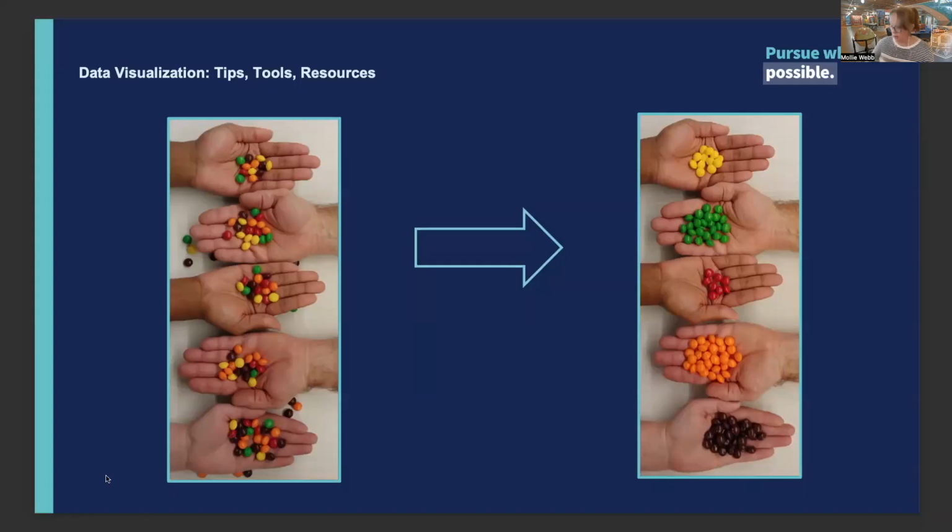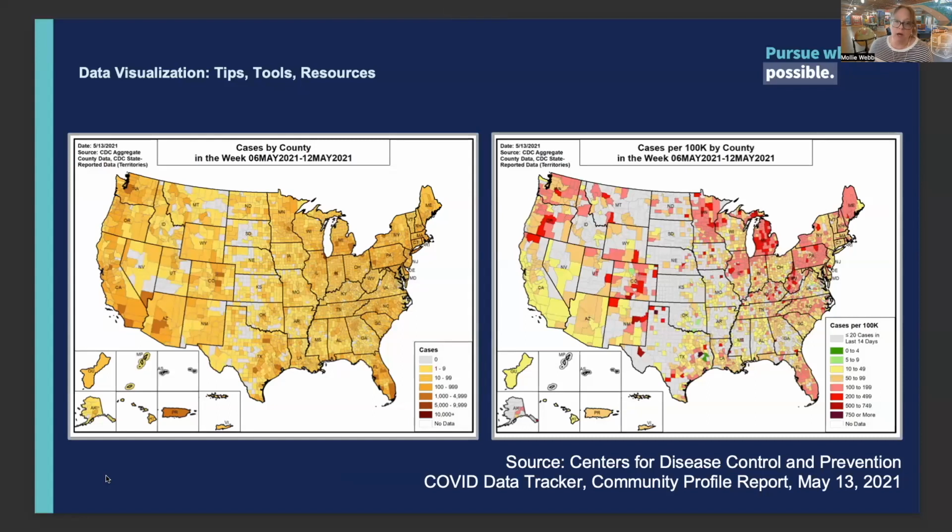And what I mean by that is something like the normalization of COVID cases per 100,000 people to account for differences in county populations for the areas being compared. So the map on the left here, if you look at total counts, you may think that certain areas are actually much worse than they really are, since logic tells us that areas with higher populations are going to have a higher number of cases.